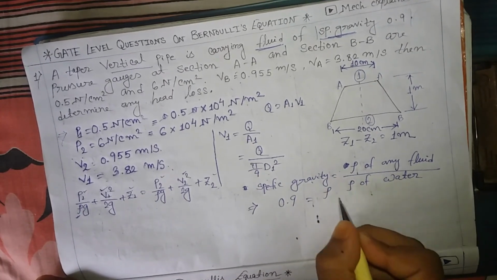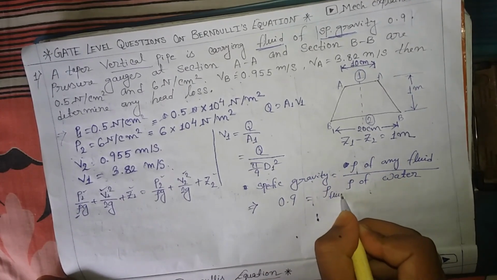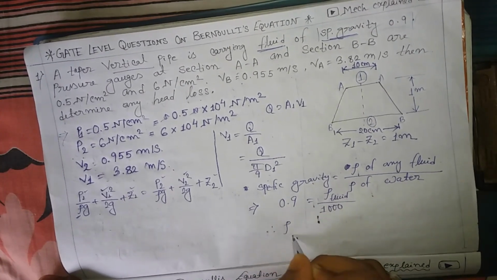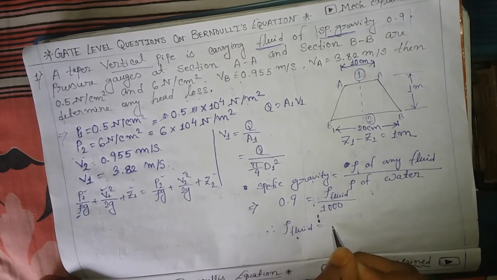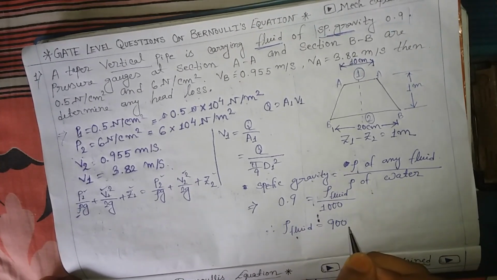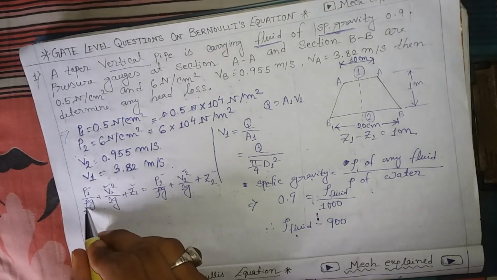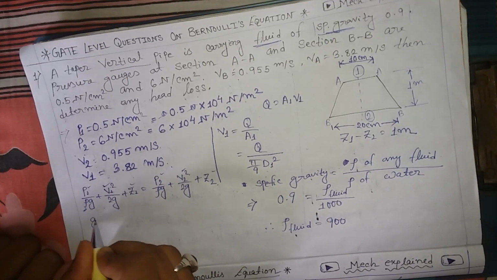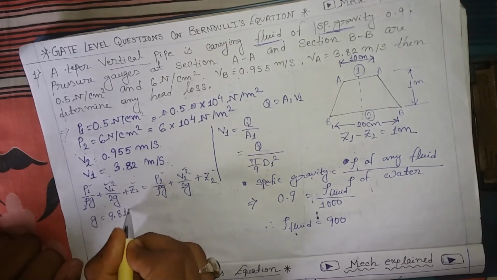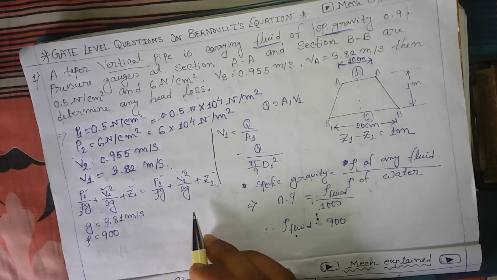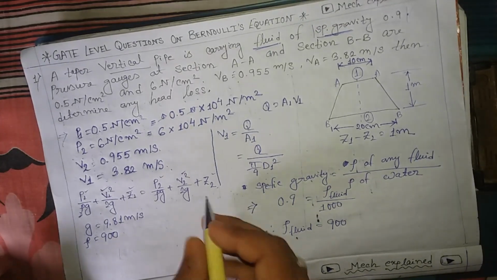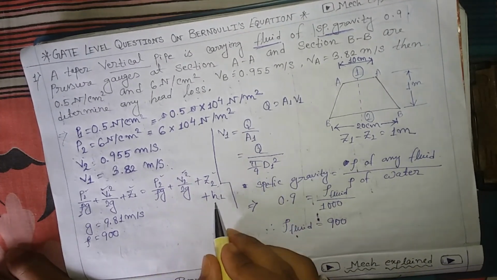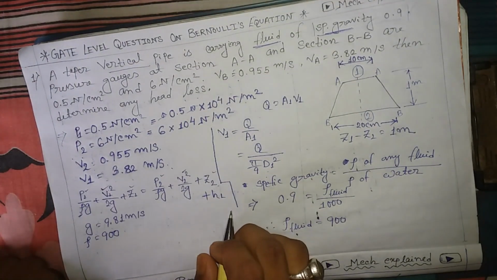Rho of fluid we don't know, and rho of water we know is 1000. That means rho of fluid equals 900. So we will put the value 900, and g will be 9.81 meter per second square. After putting all the values, you will get the value of HL, that means head loss. So let's go to the next question.